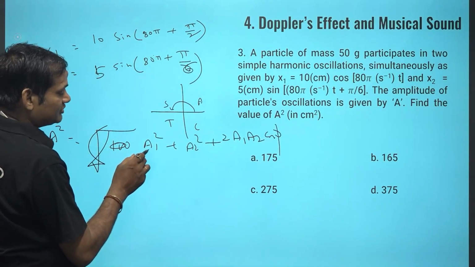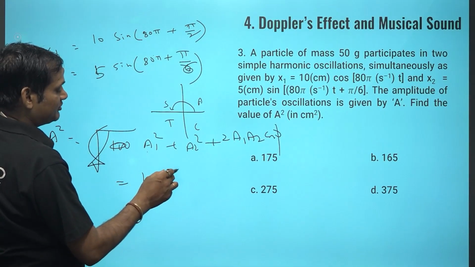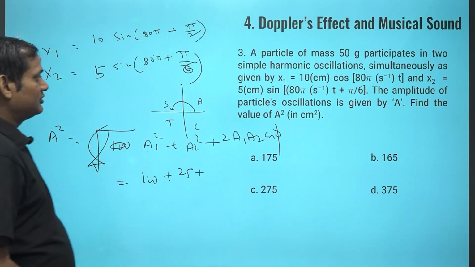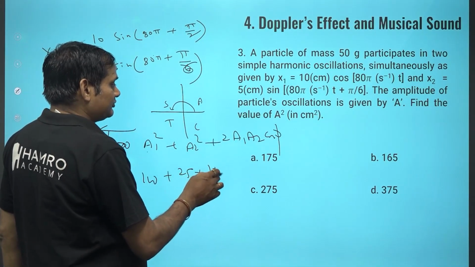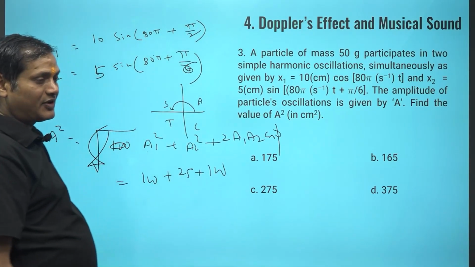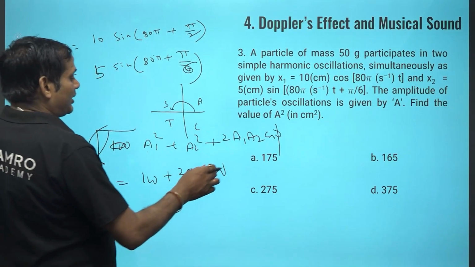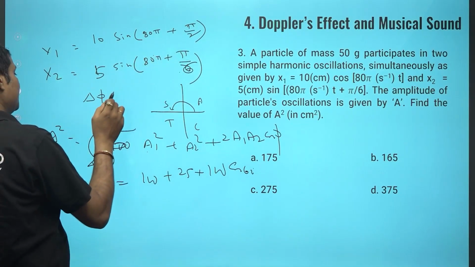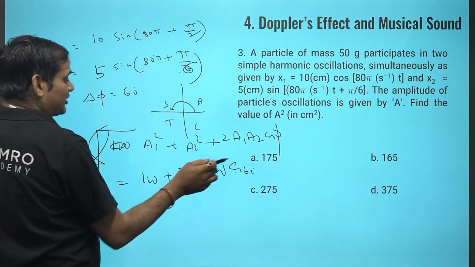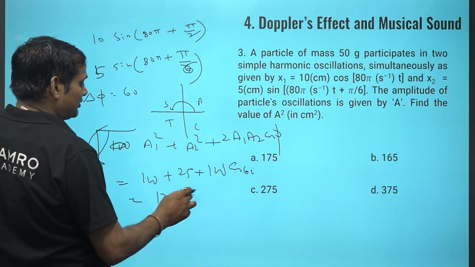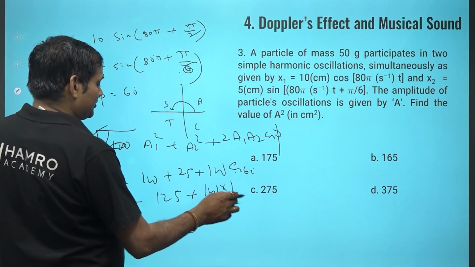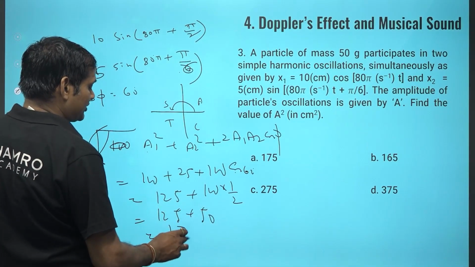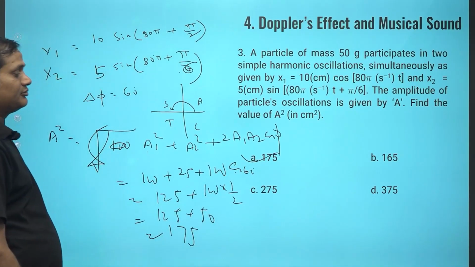Now a1 squared is 100, a2 squared is 25, and 2 a1 a2 is 2 times 10 times 5, that is 100. The phase difference is 60 degrees, and cos 60 equals 1 by 2. So this is 125 plus 100 into 1 by 2, that is 50. We get the answer 175. This is the answer.